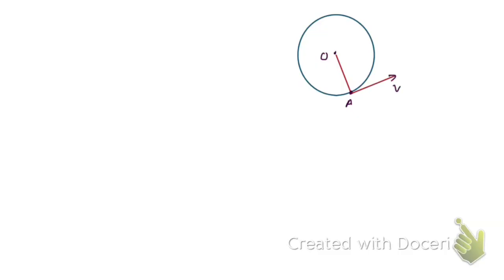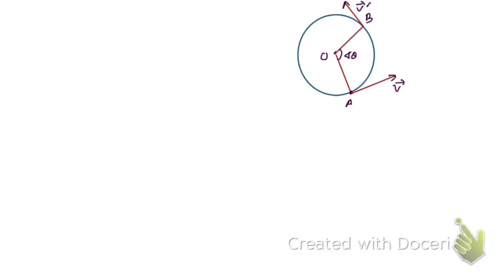This is suppose V. And after time del t, it reaches the point B, and here the direction of velocity will be like this. So this is suppose V dash. Now this angle is suppose del theta.